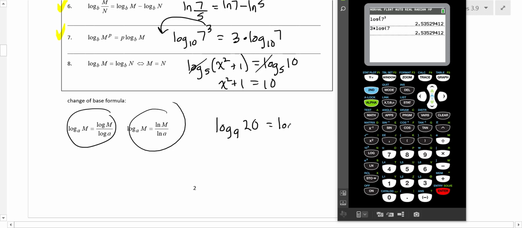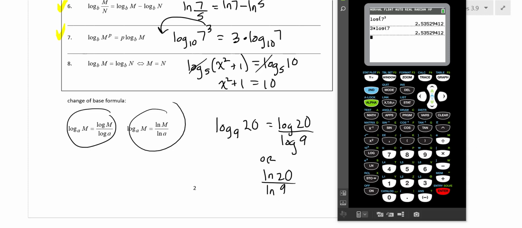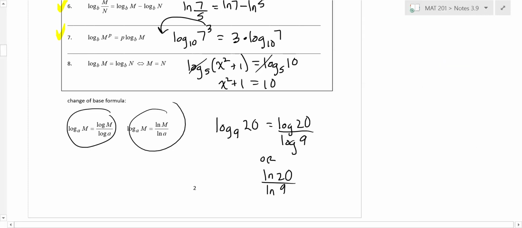You just do log 20 over log 9, or you can do ln 20 over ln 9, then you go to your calculator. You guys remember that? That will show up, and one of the reasons the change of base formula is important is because it'll keep you from having to remember another derivative formula, and when we get to that, we'll talk about that.